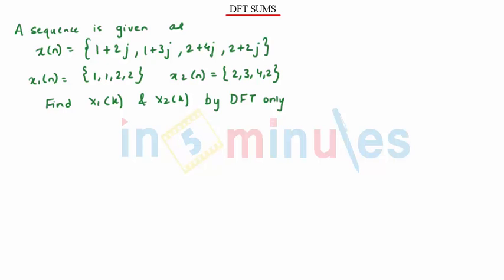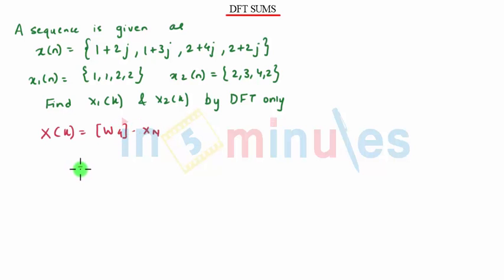First, as x of n is given, we will find out the x of k. To find the x of k, we will use the transformation matrix. So x of k is equal to W4, as the period is 4, into x of n.